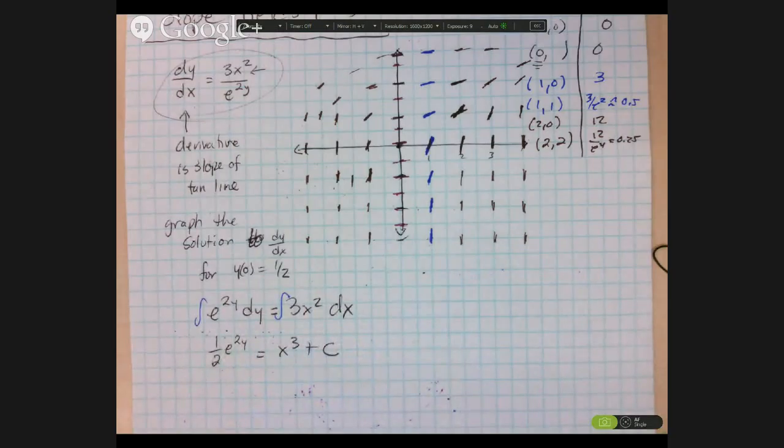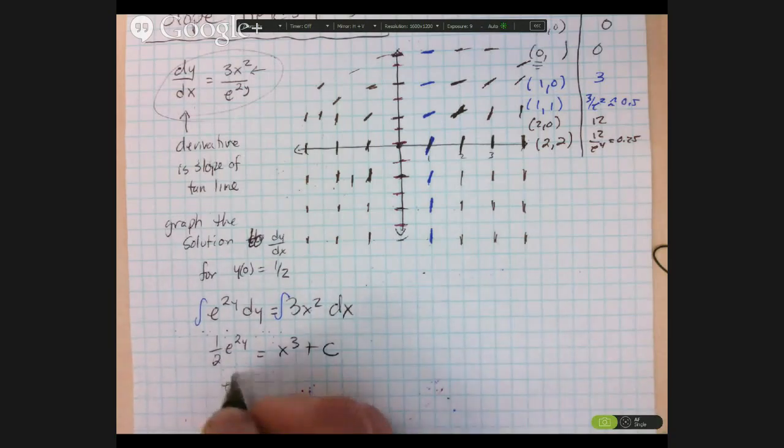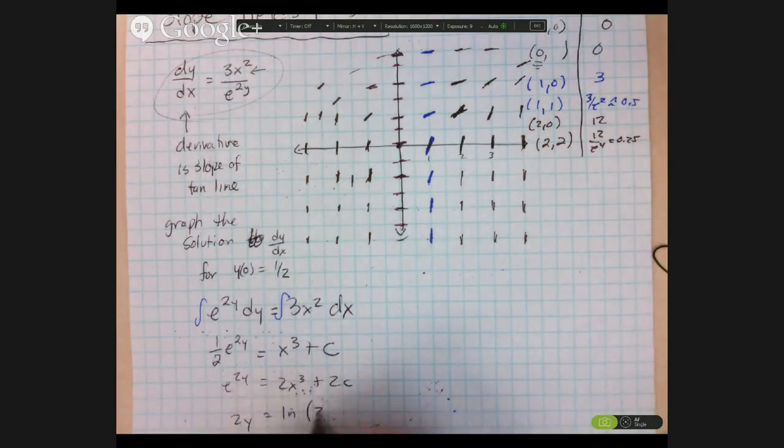You can get the 1/2 e to the 2y by u substitution, or just know the chain rule in reverse. All right, so natural log, and then divide by 2.